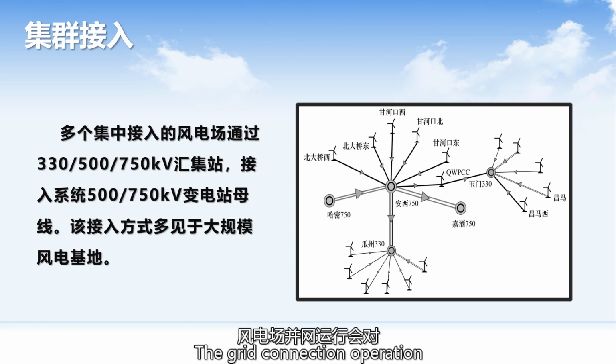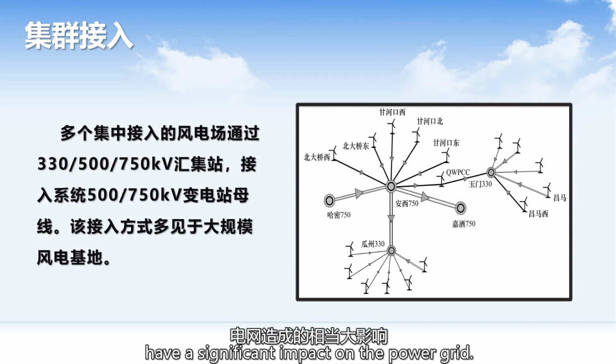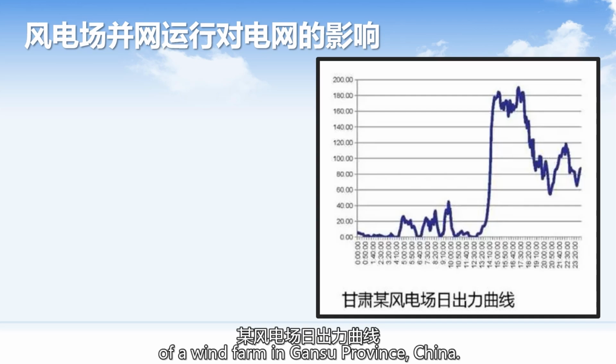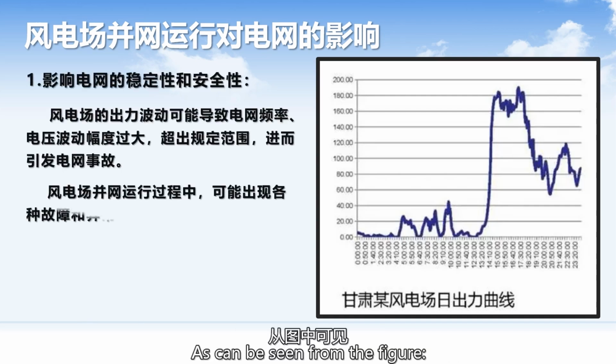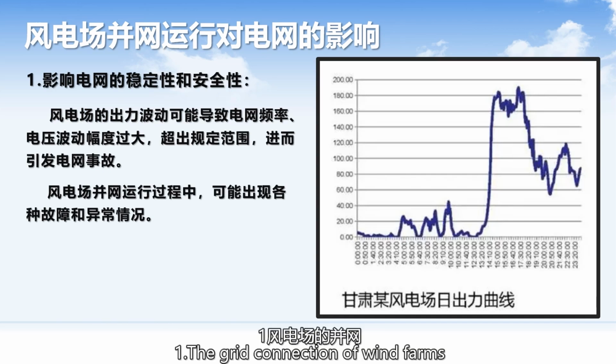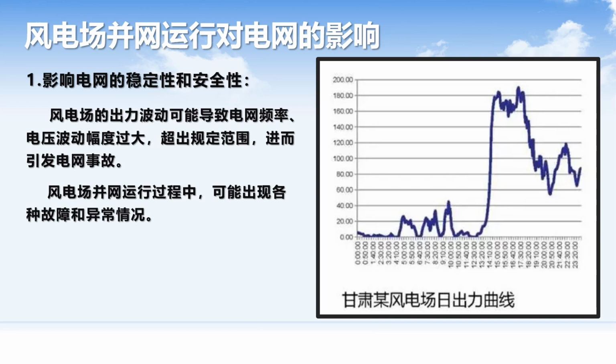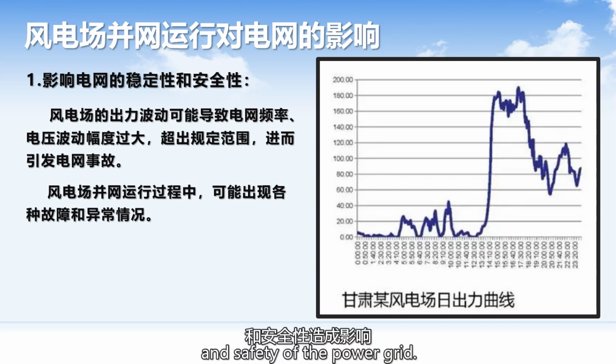The grid connection operation of the wind farms will have a significant impact on the power grid. The figure shows the daily output curve of a wind farm in Gansu province, China. As can be seen from the figure, first, the grid connection of wind farms will affect the stability and safety of the power grid.